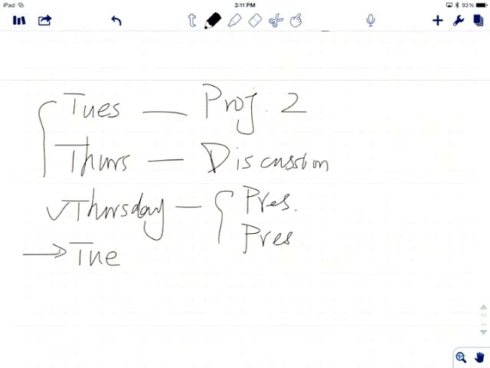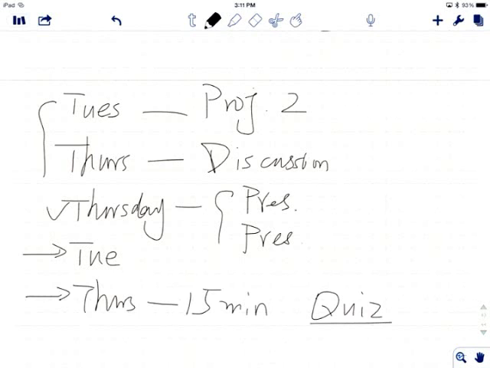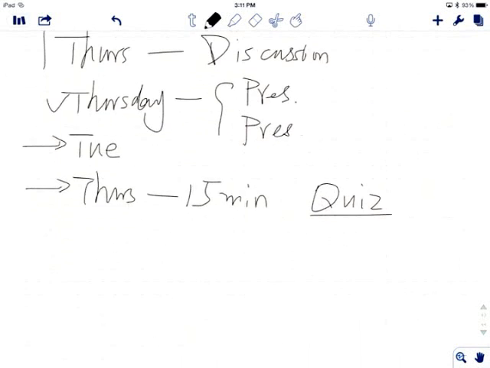Sorry, group 1. You have to wait. And then on that Thursday, we'll have a 15-minute quiz to assess your learning in the project. Make sense? Any questions? You have a question? No? Okay, all right, sure. Let's try it.